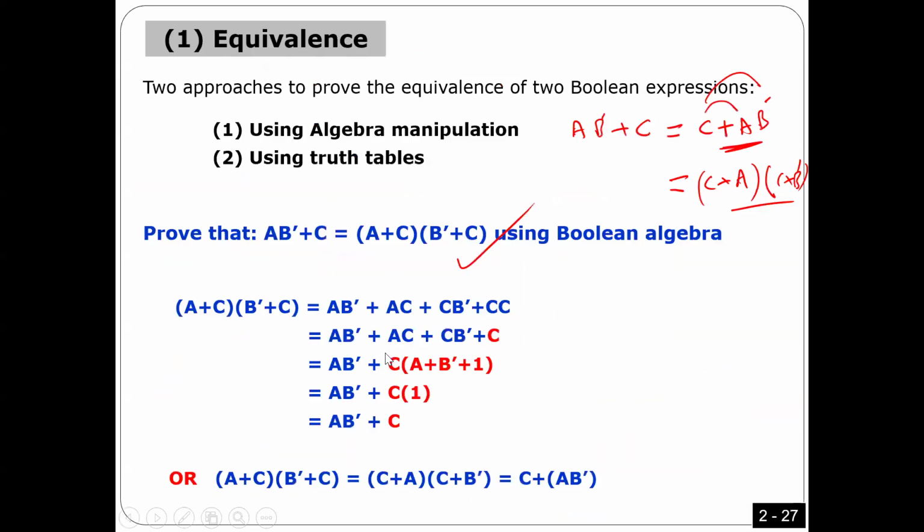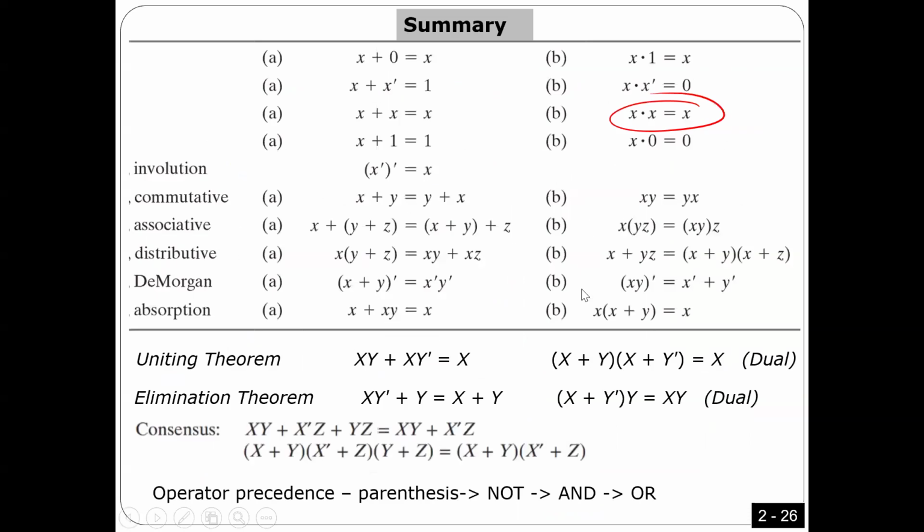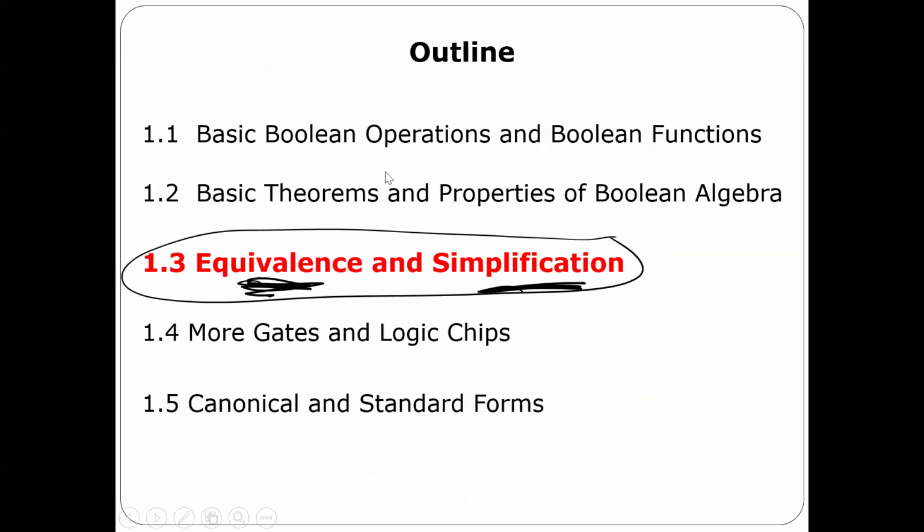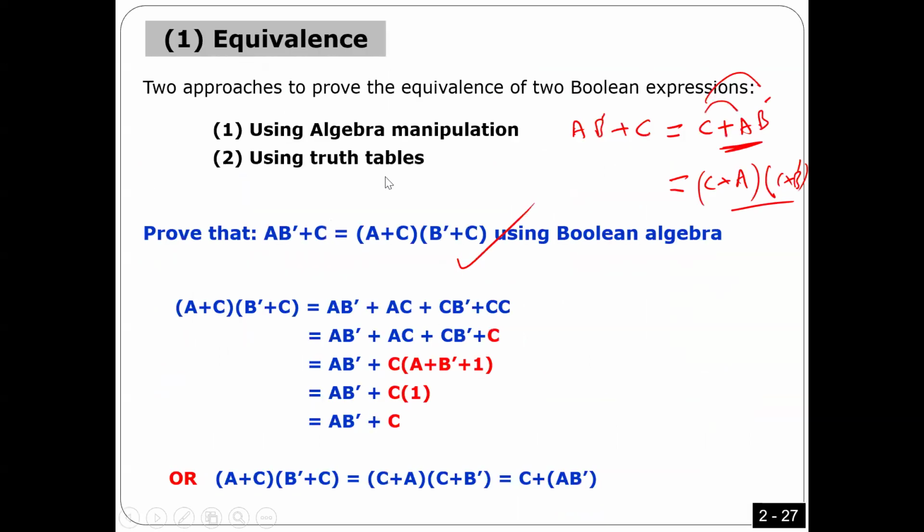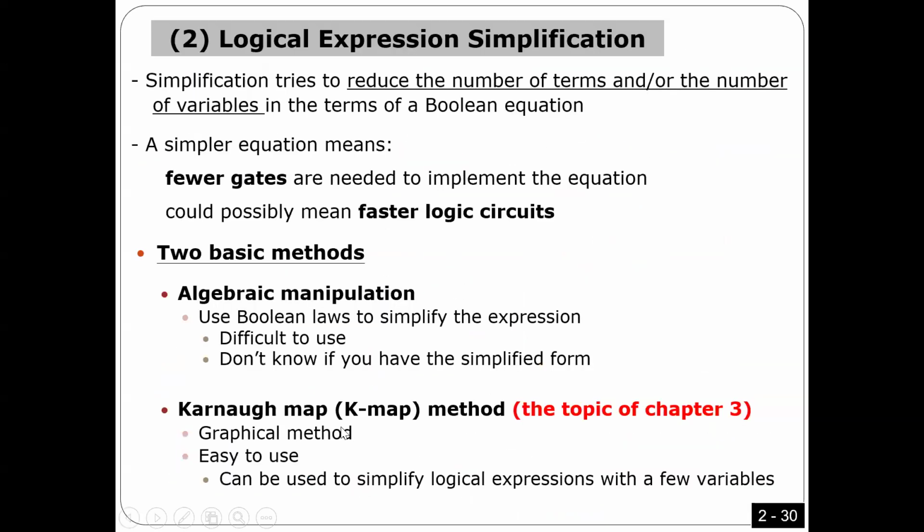Using the rules we have here, I can simplify a function. This is what we are going to do in chapter 2. In chapter 3, I'm going to explain another way. We call it Karnaugh map or K-maps. This is a graphical method. Maybe this one is easier to use for simplification. This will be the topic of chapter 3.